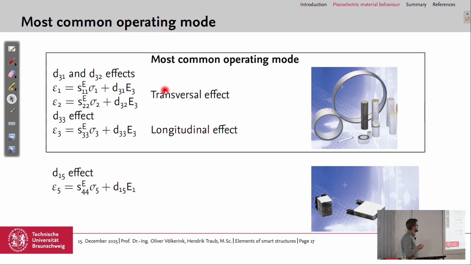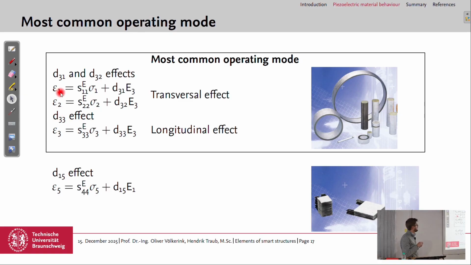Yeah, and as mentioned, the most common operating modes are the transverse effect, so the D31 and D32 effect, and the longitudinal, the D33 effect. So with the indices now filled out, we have, for example, epsilon 1 is compliance S11 times the stress sigma 1 plus D31 times the electrical field E3.